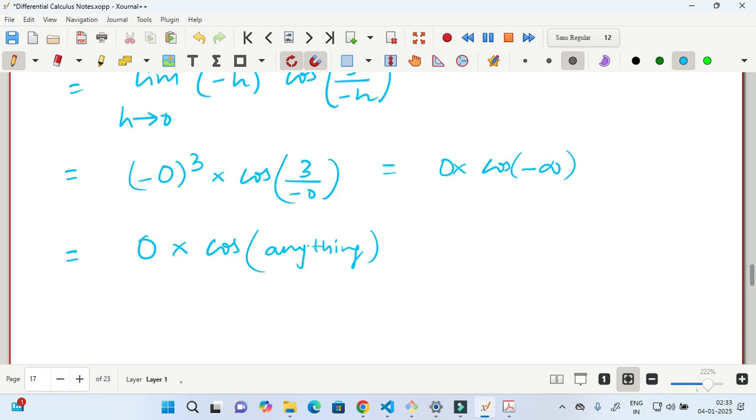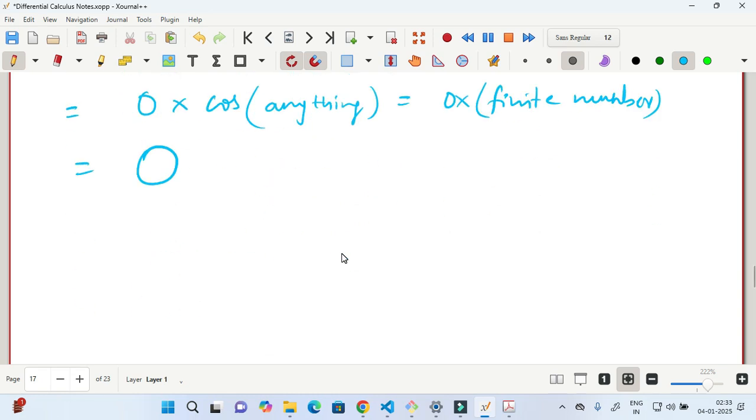So 0 into cos of anything is what? 0 into a finite number. Any finite number into 0 is 0. So that is equal to RHS. Therefore, LHS is equal to RHS.